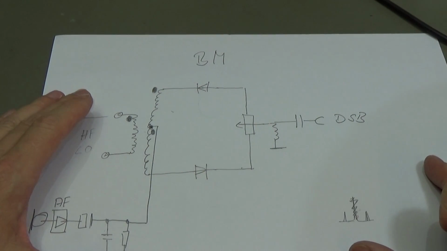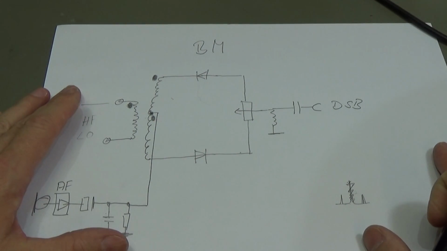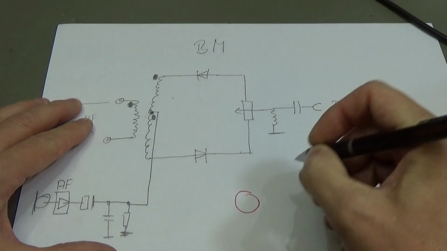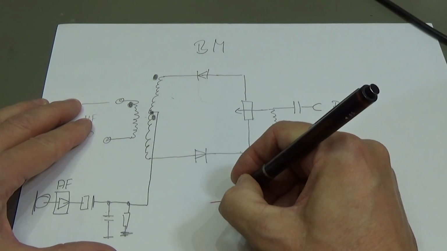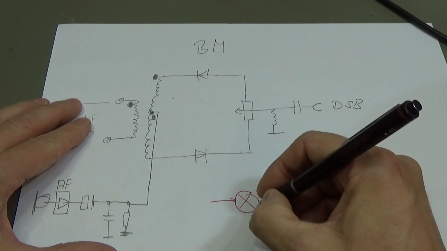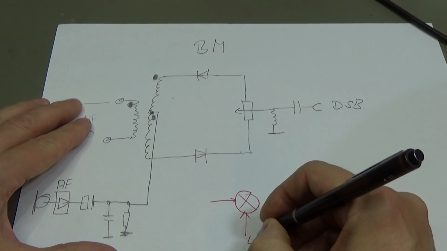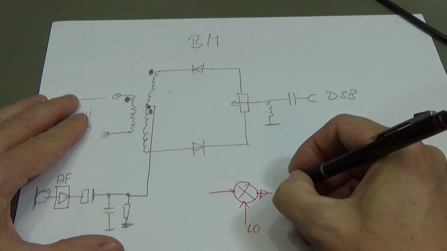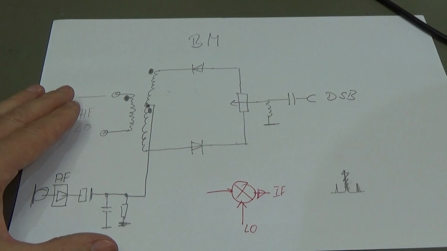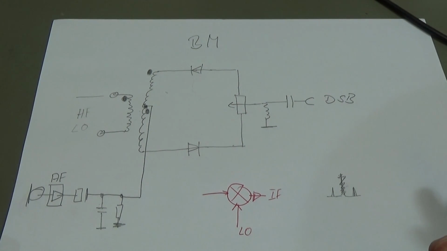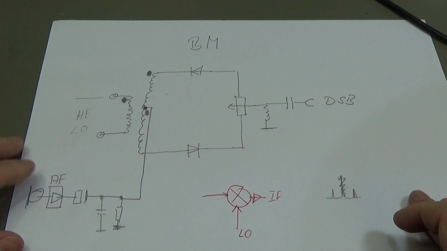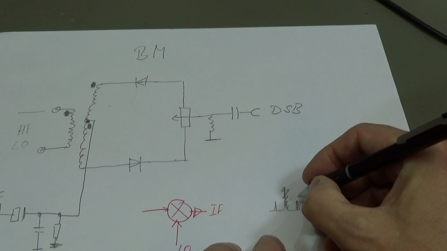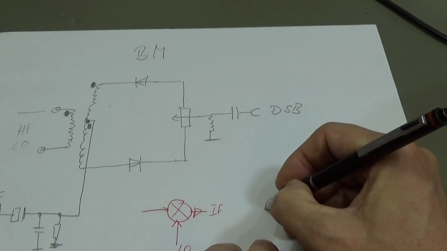frequencies together to get a new one. So a mixer looks in a schematic like this, and we have here an input, and we have here a local oscillator, and then here we will have our IF, intermediate frequency. And basically it is the same with our balanced modulator, because what we want to get out of it is this here and that.